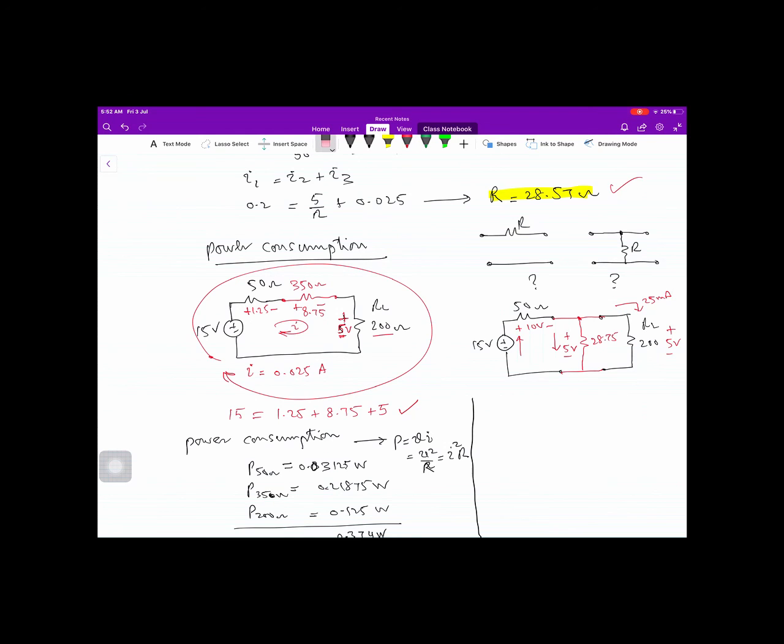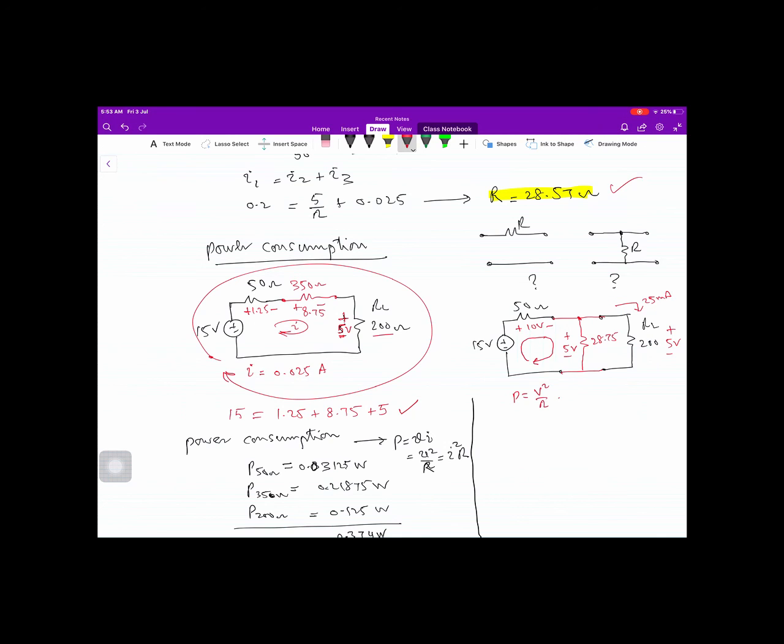So again verify, move around this mesh. 15 volt is rise, and then this is 10 volt drop, and then 5 volt drop, and the loop is complete.